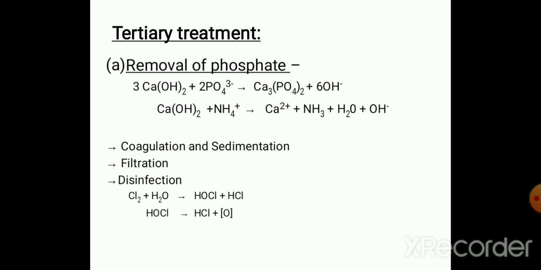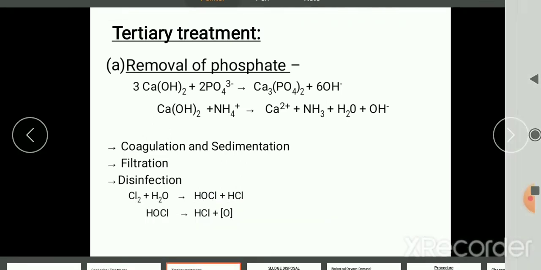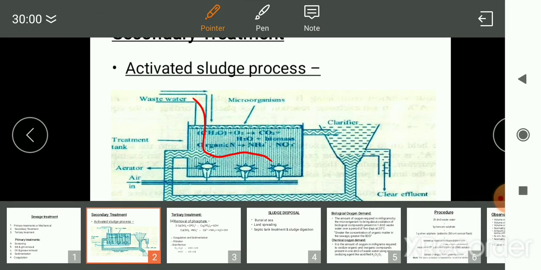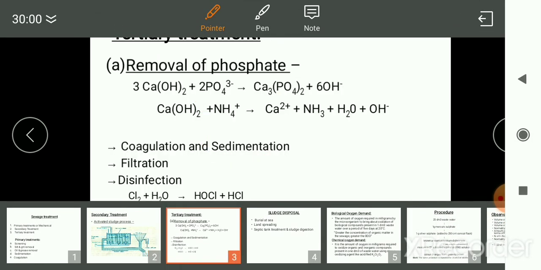So we can observe two reactions here. Here chlorine gas is reacting with water, forming hypochlorous acid.